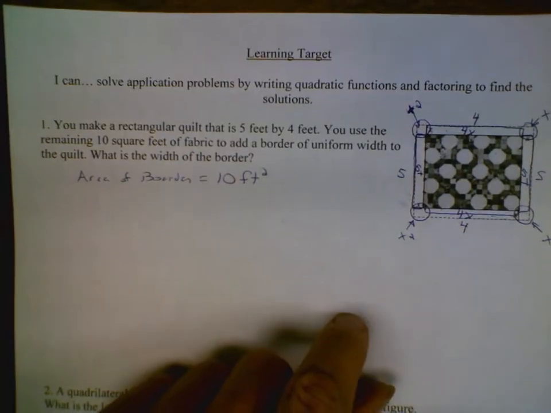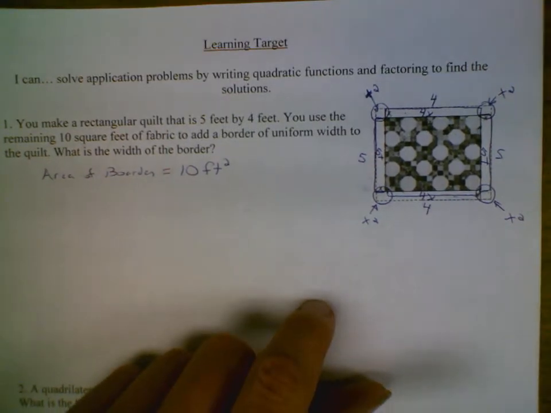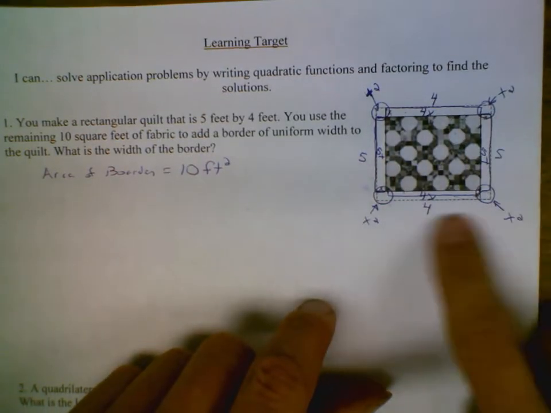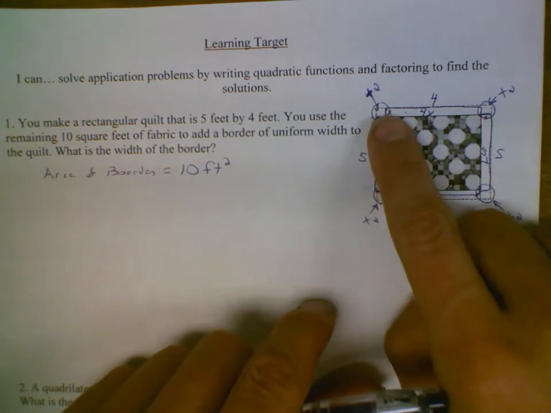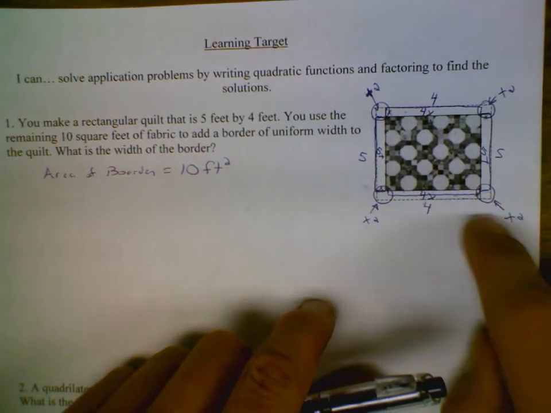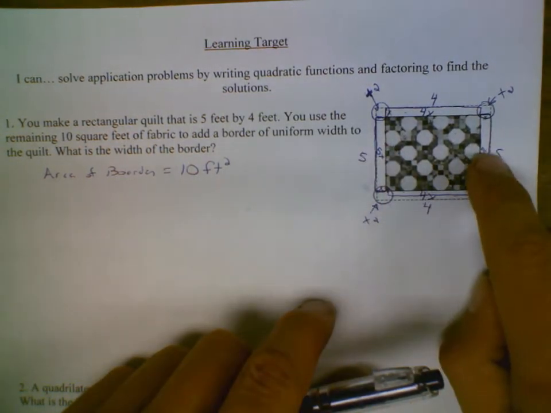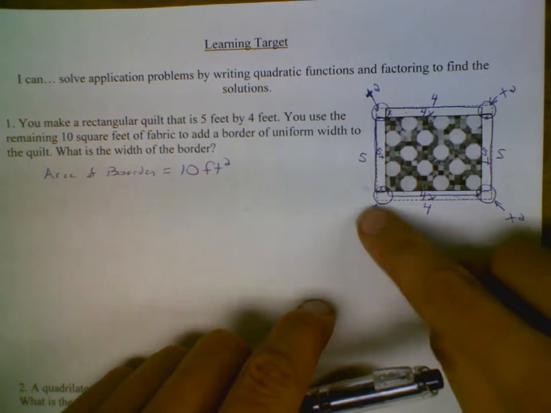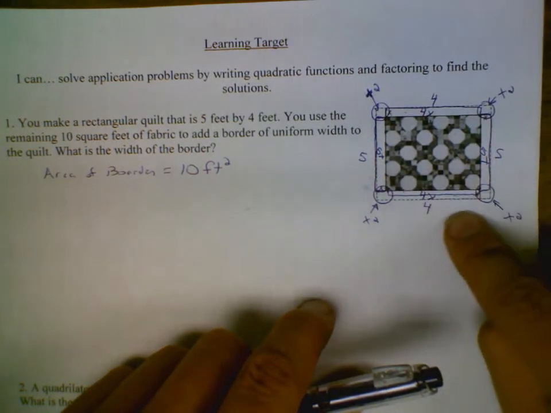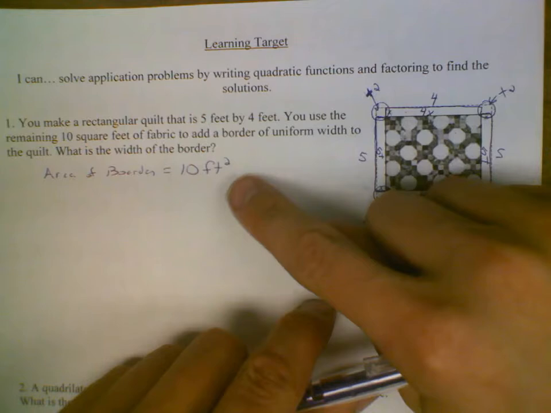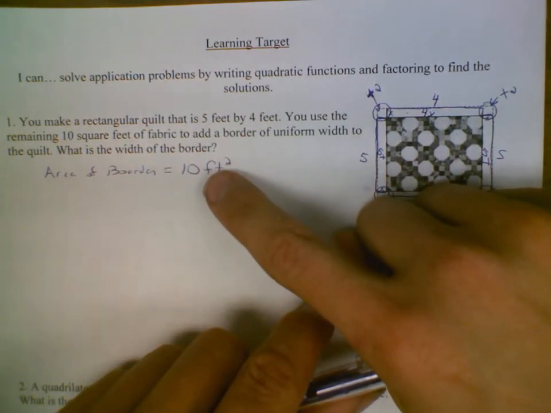Right now, all I'm doing here is listing off algebraically what the pieces' areas are. So each corner is an x squared. We have a 5x and a 5x, a 4x and a 4x. And when we add up all those areas algebraically, they should equal our total of 10 square feet.